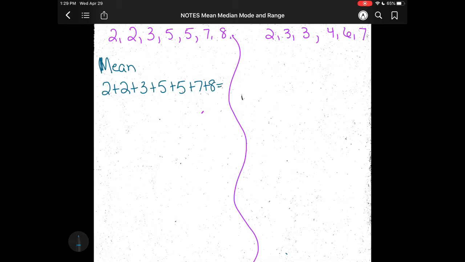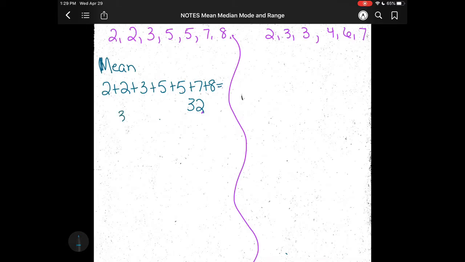Whew. So we're going to add all of those together. And I got 32. And then we're going to see how many numbers we have. So we have 1, 2, 3, 4, 5, 6, 7.